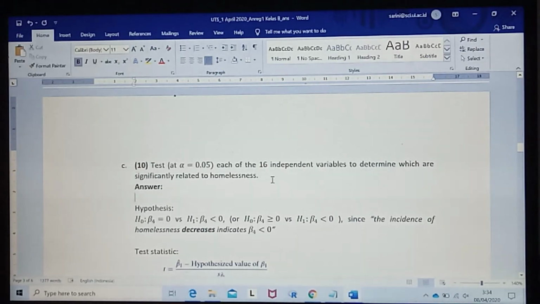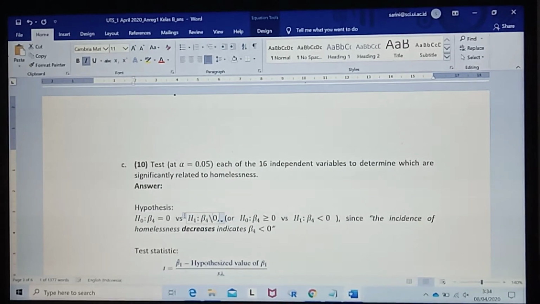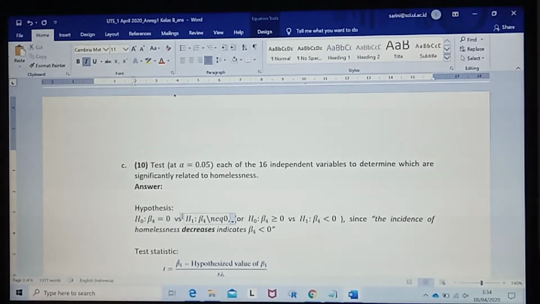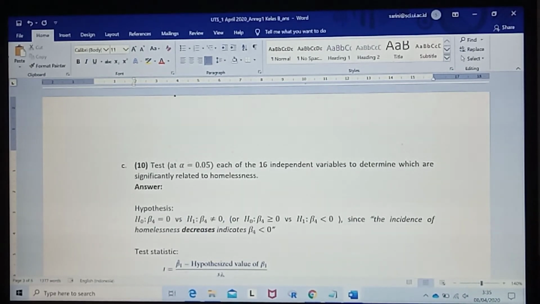It doesn't say whether the relationship is positive or negative. That's why for the hypothesis here, instead of less than 0, we just have not equal to 0. Okay, so it's much more general. And then we just get rid of this one.